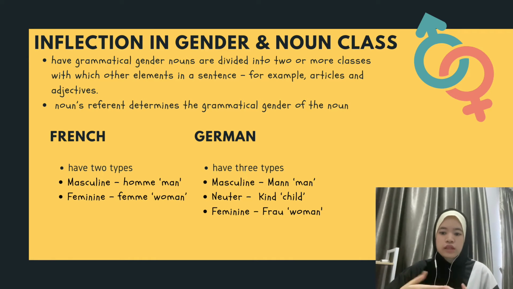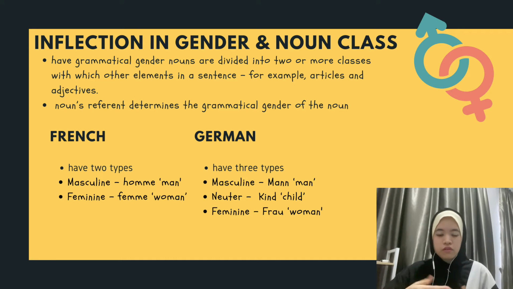In most cases, nouns are assigned to genders with some degree of arbitrariness. As an example, French includes masculine and feminine, and German includes masculine, neuter, and feminine.